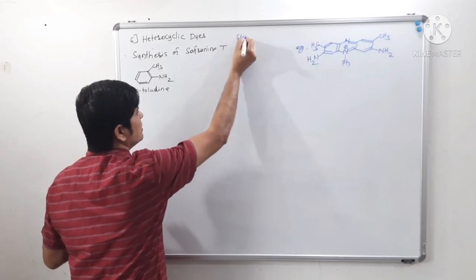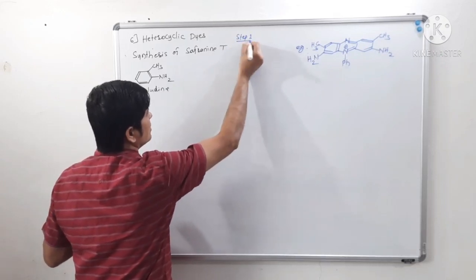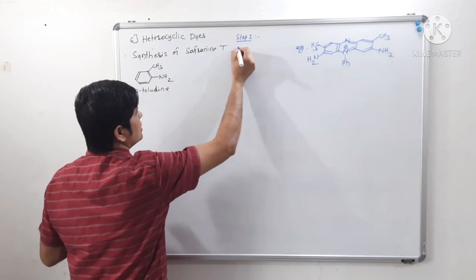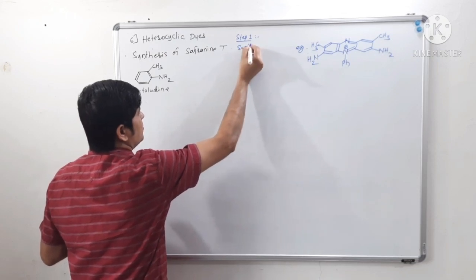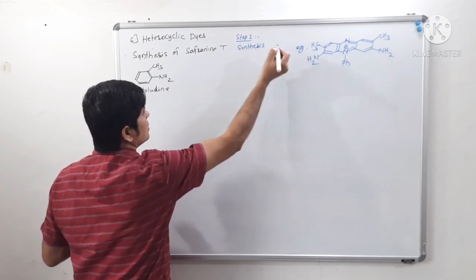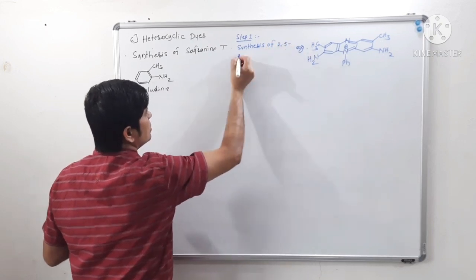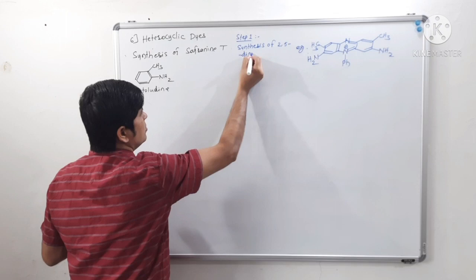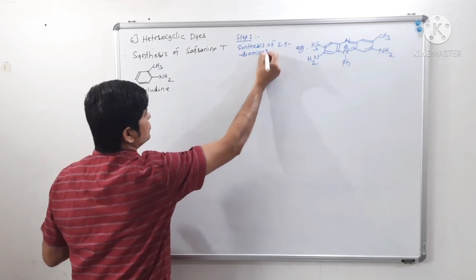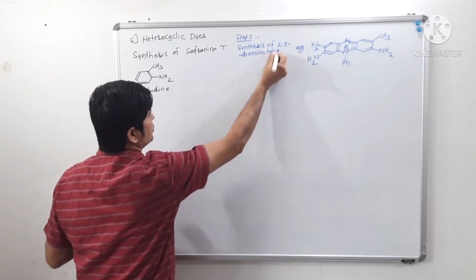Step 1: synthesis of 2,5-diaminotoluene.